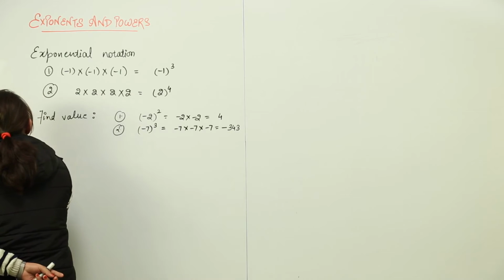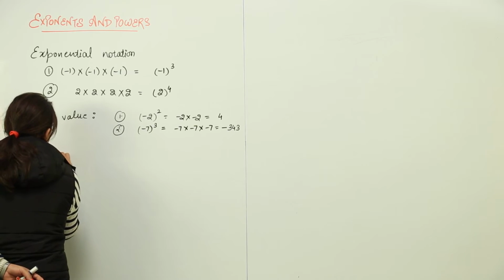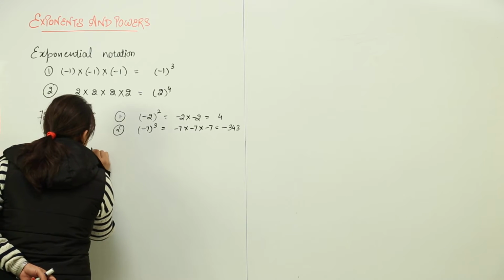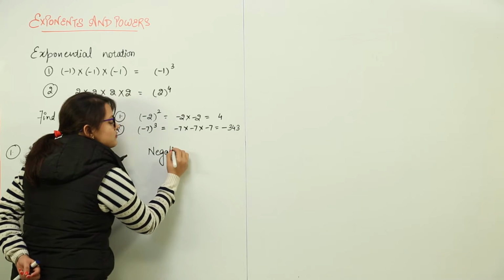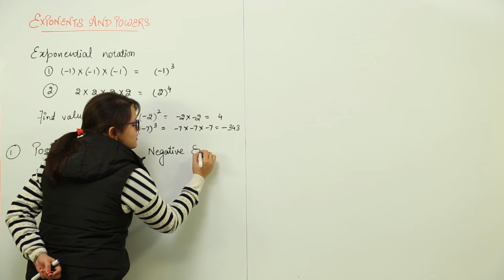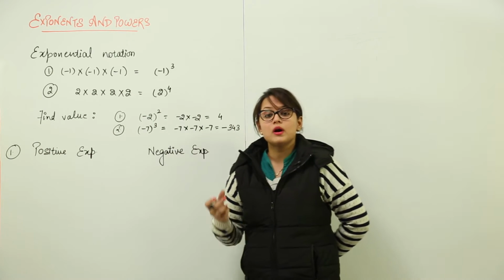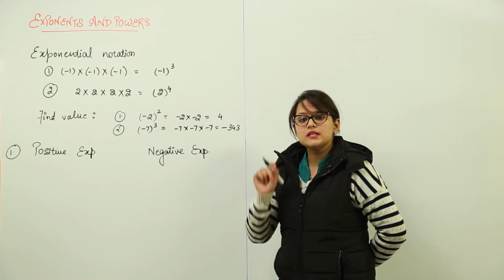The first one is the positive exponents and the negative exponents. What do you understand by positive exponents and negative exponents? See, as the term itself says, positive and negative. By the term positive we mean they have a plus sign with them, and by the term negative we mean they have a minus sign with them.